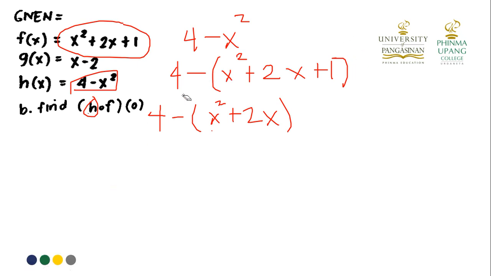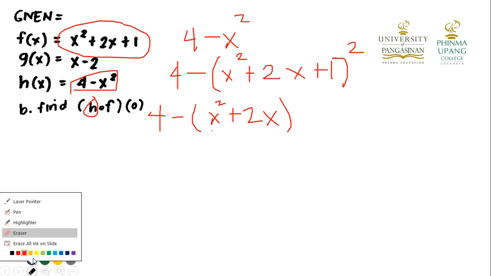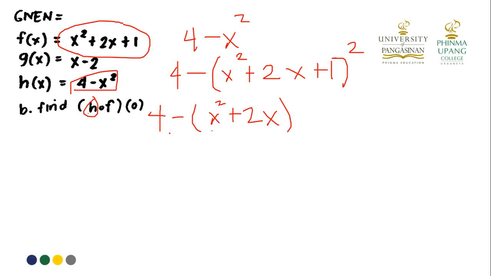So let's not distribute the negative. That's why we got 5. So, 4 minus x squared plus 2x plus 1, and this is x squared plus 2x plus 1. Okay? So again.